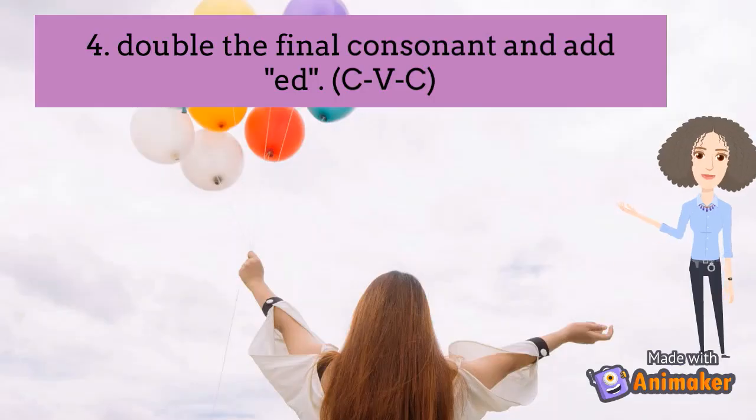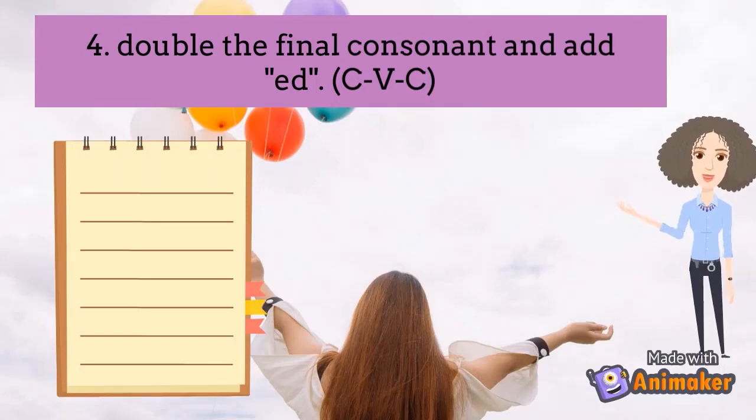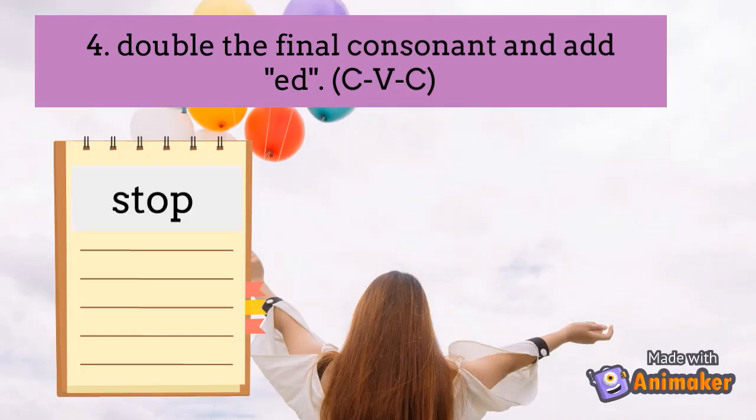Rule number 4. Double the final consonant and then add ED. When do we do that? If you look at the word stop from the end, the last letter is consonant P. Then a vowel O followed by a consonant T. If the sequence of the word from the end is consonant, vowel, consonant, we usually double the last letter.